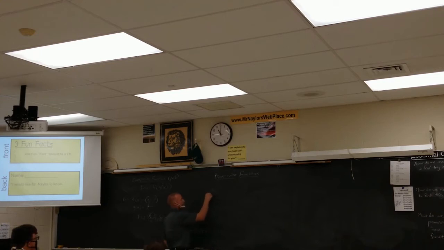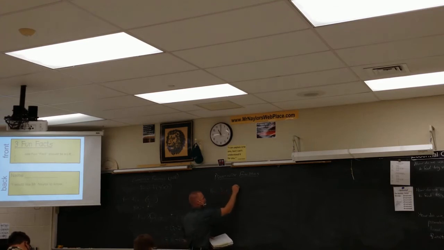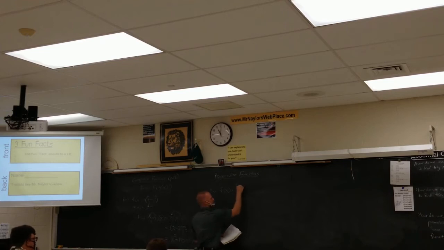Now, when you graph a piecewise function, it's like you're graphing pieces of an entire function. So we want to think about the entire function. We also want to think about the pieces.